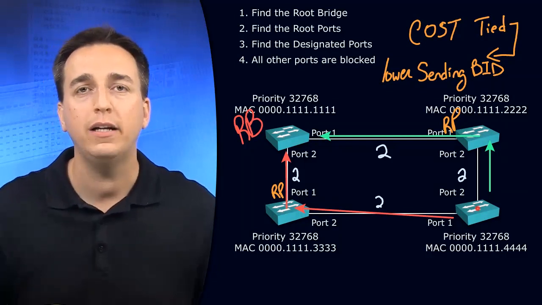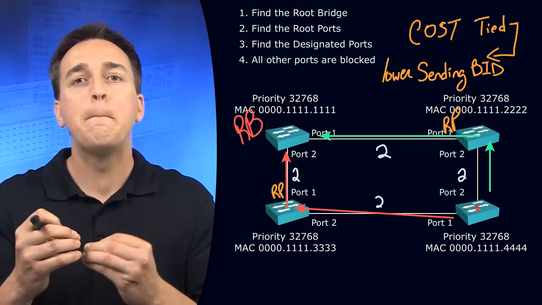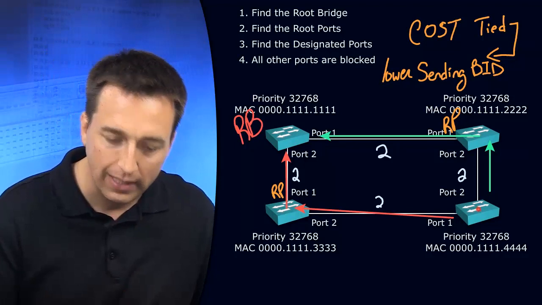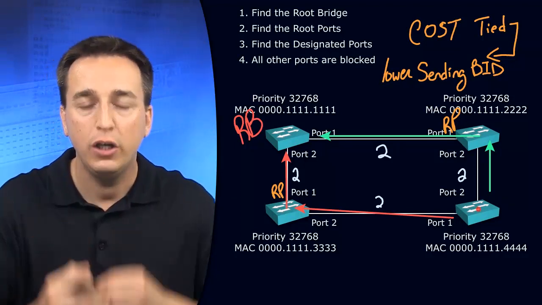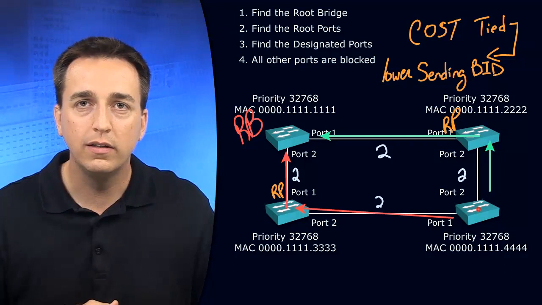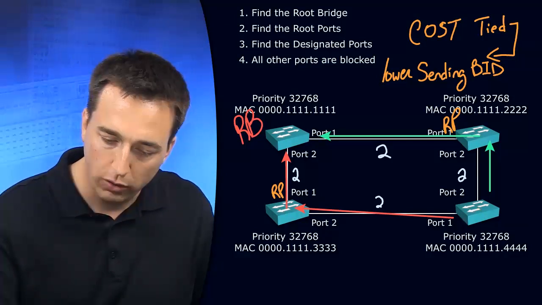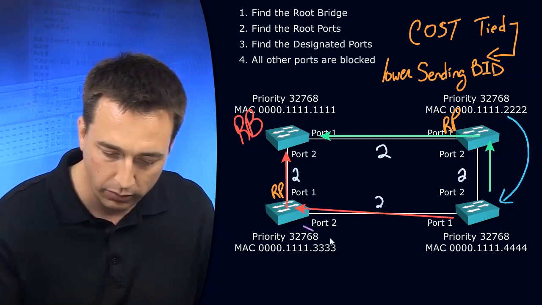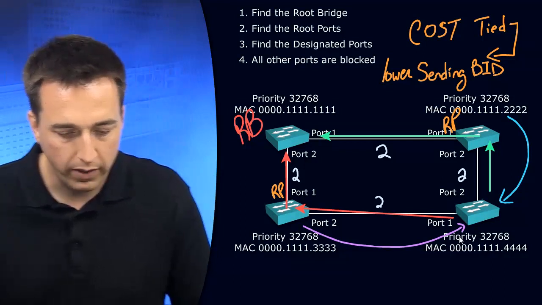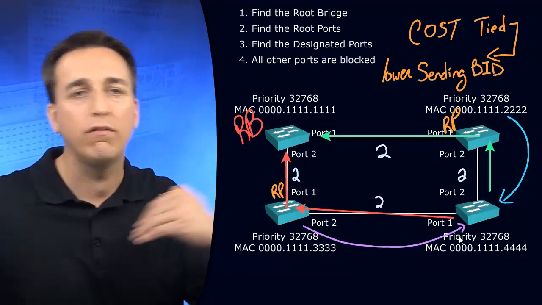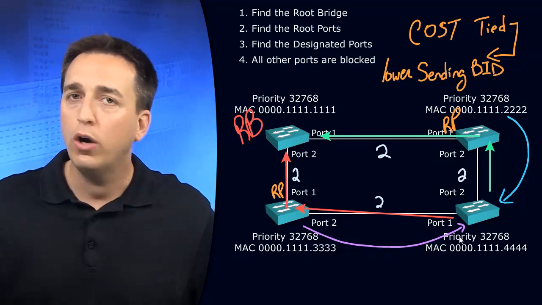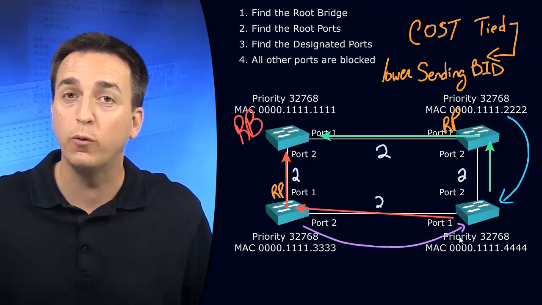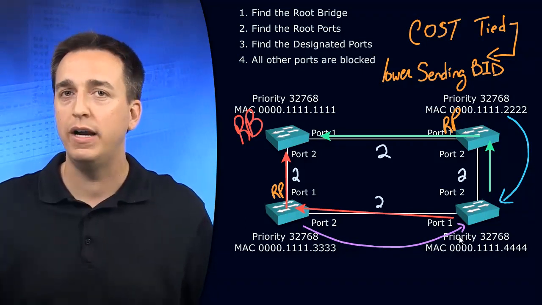Within the bridge protocol data unit is the sending switch's bridge ID. So now this switch looks at the bridge IDs in the BPDUs that were received. And in this case, the BPDU received from this switch has that information in it, and from this switch has that information in it. So now we compare the bridge ID of those two switches. And according to this topology, priority's tied. So therefore, we now have to look at the MAC address to break the tie.